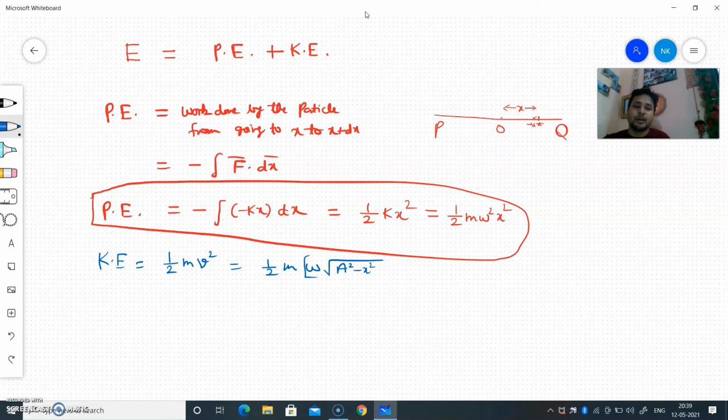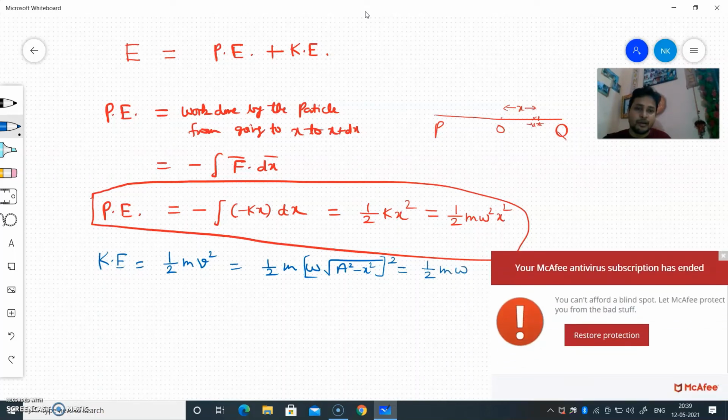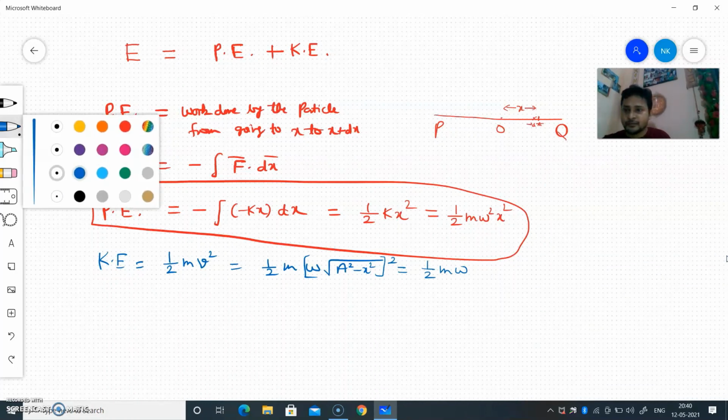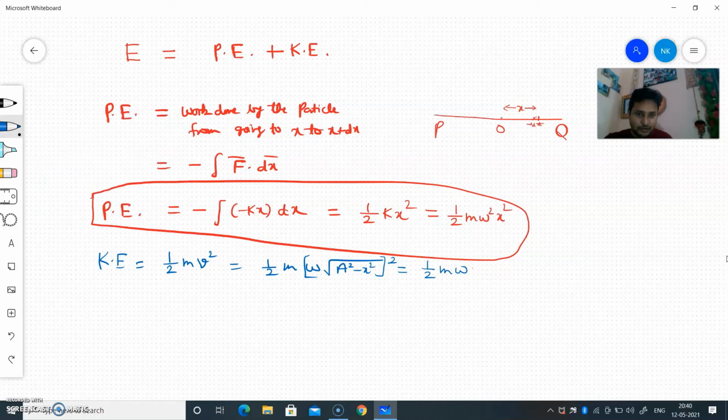So v square is the square of that, and this will be half m omega square times A square minus x square. This is the expression for kinetic energy.